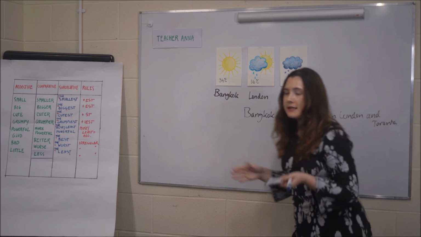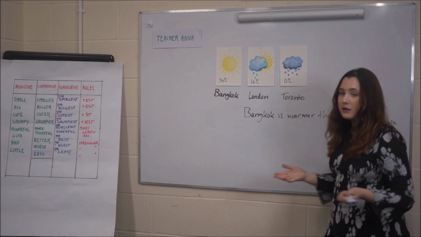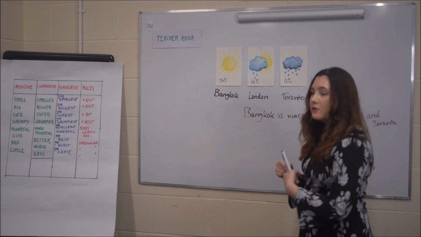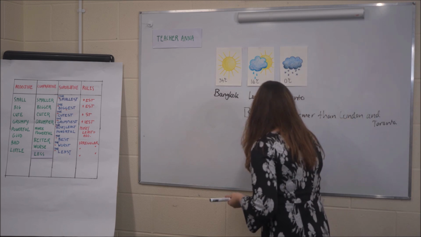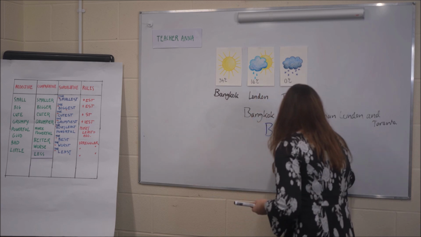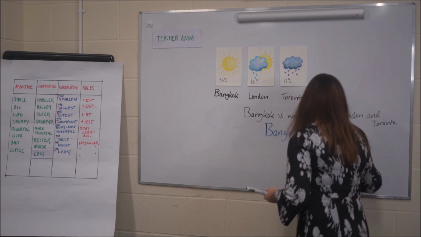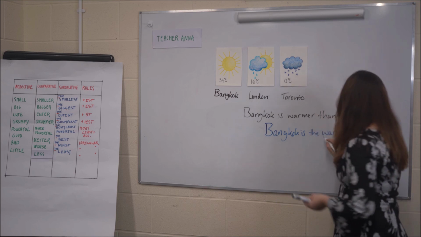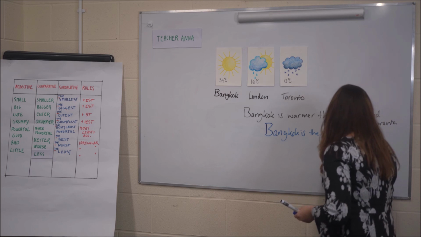Bangkok is, does anybody know? Bangkok is the, okay, that's okay, I'll explain now. Bangkok is the warmest city out of the three. And we call this word warmest a superlative. Superlative adjective.